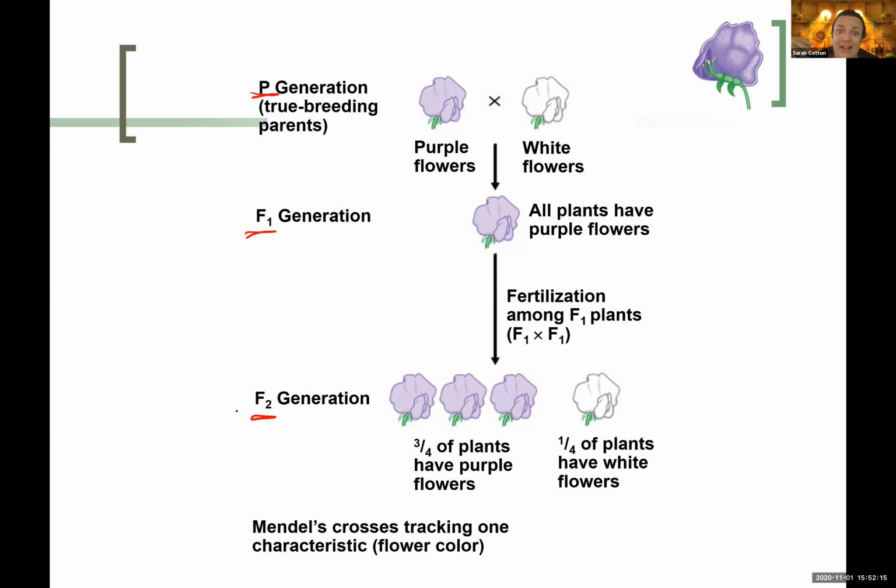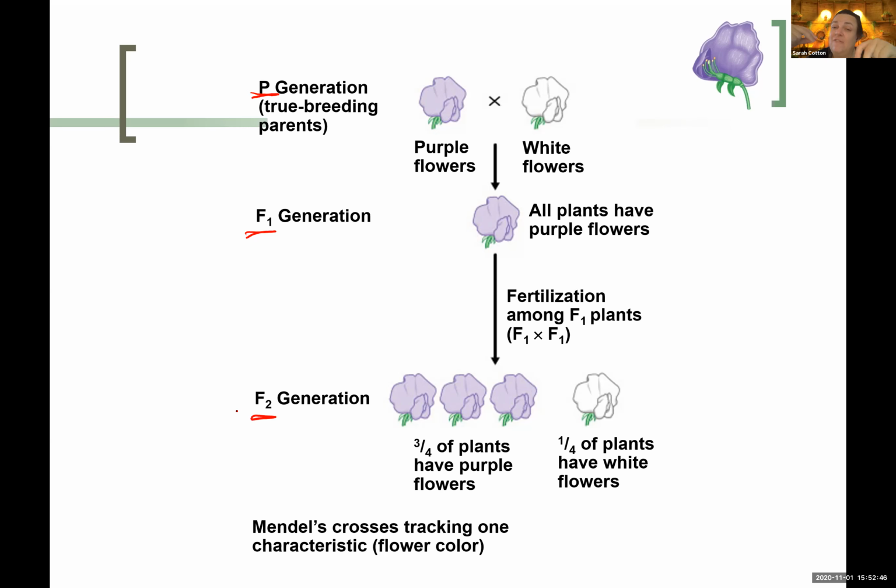The purple flowered plant only made more purple flowered plants, okay? So if our P generation was a true breeding purple and a true breeding white, what he found was 100% of the time, if he carefully bred those two plants together, all of their offspring, 100% of them would have purple flowers, period. Okay? All the time.